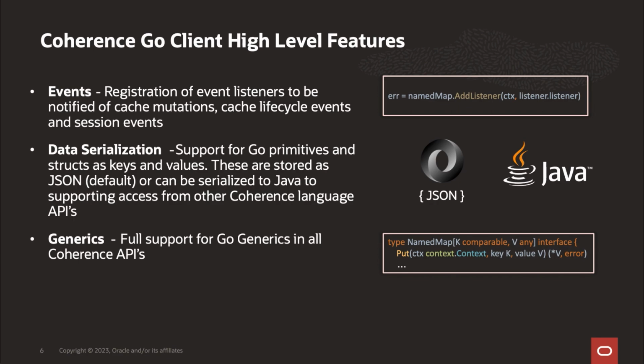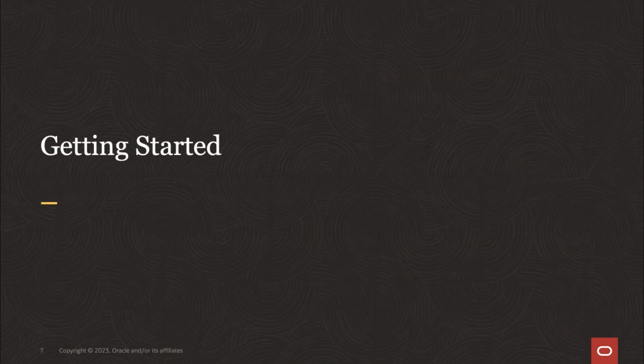There's support for Go primitives and structs as keys and values, and these are stored in the Coherence cluster using JSON by default, or they can actually be serialized to Java to support access from other Coherence language APIs. And as mentioned, we provide full support for Go generics in all of the Coherence APIs.